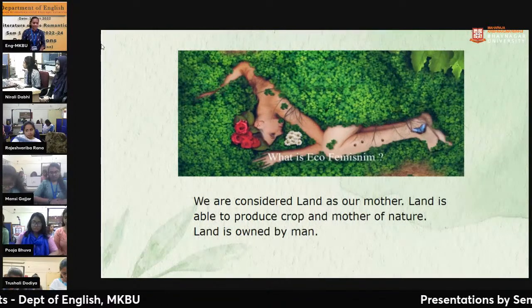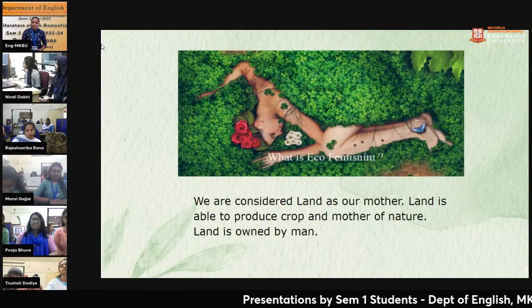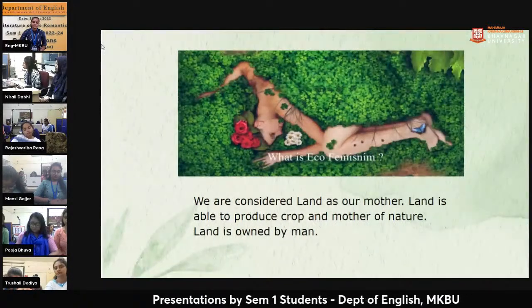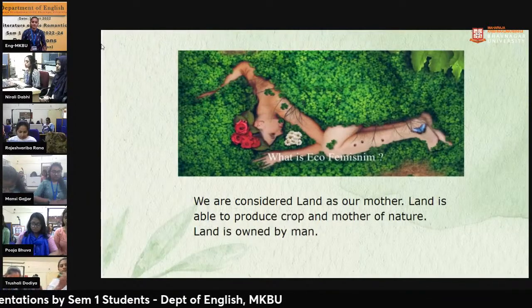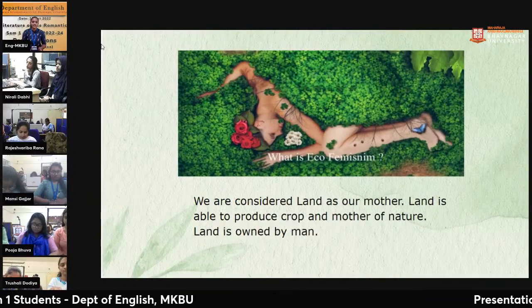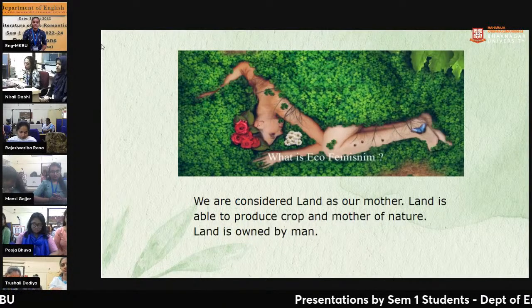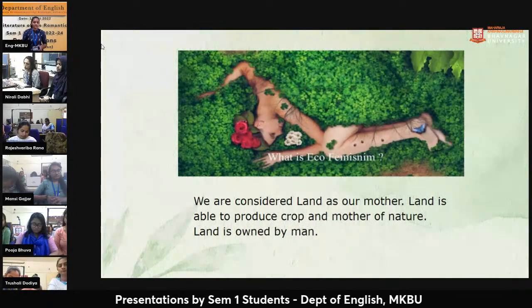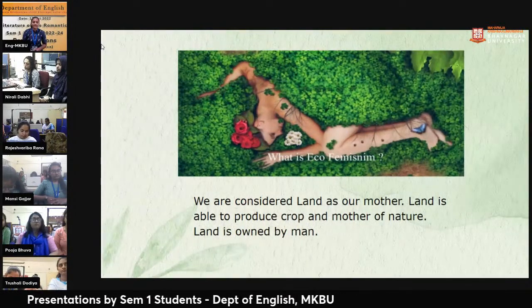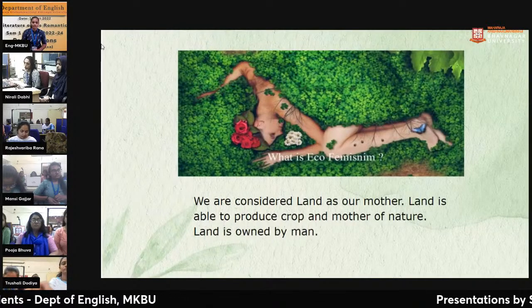A woman is able to produce a child and fertilize, and then we can also say land is able to fertilize and produce crops, and she is nurturing us. And there is also a concept that the land is owned by men, and women are also owned by men.